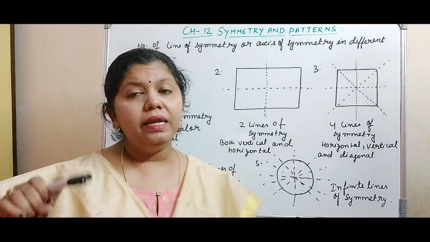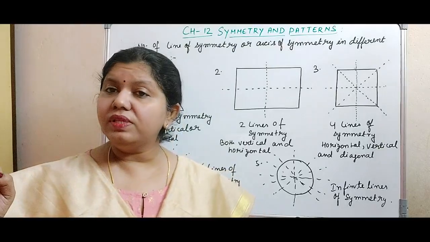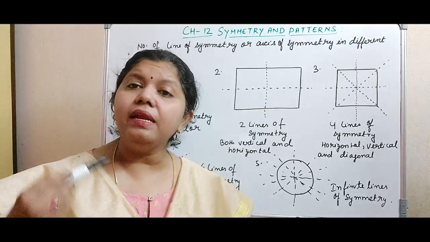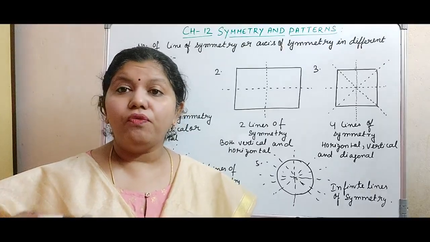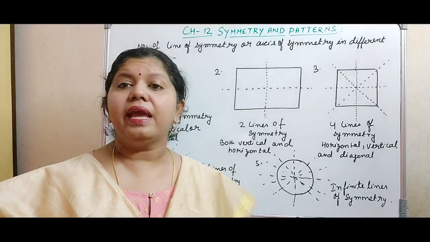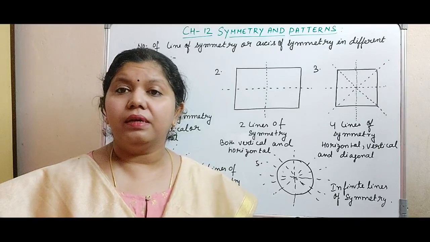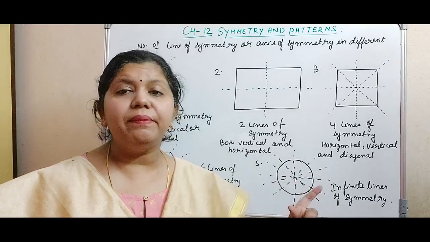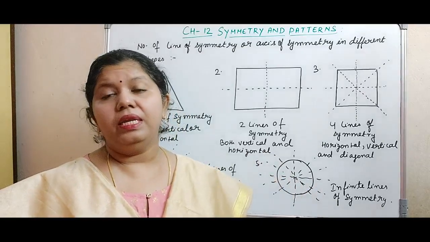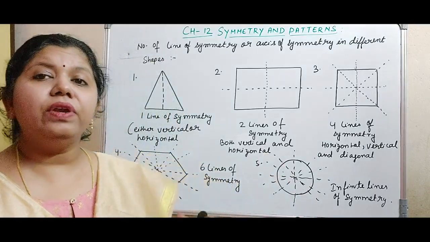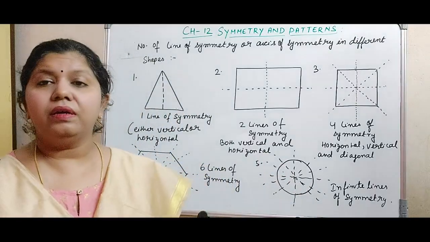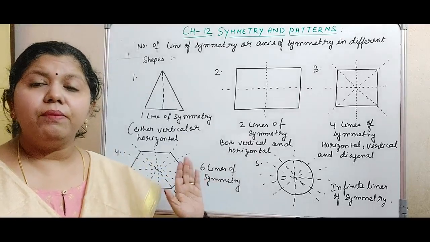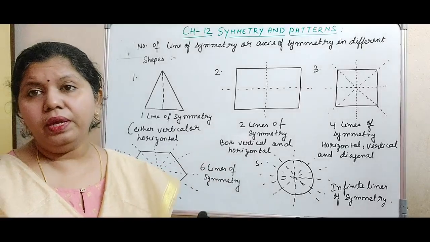It joins the two ends of the circumference and has to pass through the center of the circle. So there can be n number of diameters, and for n diameters there are n lines of symmetry in a circle. Because you have infinite diameters, each diameter forms a line of symmetry. So children, we have now understood what number of lines of symmetry you find for different shapes or figures.